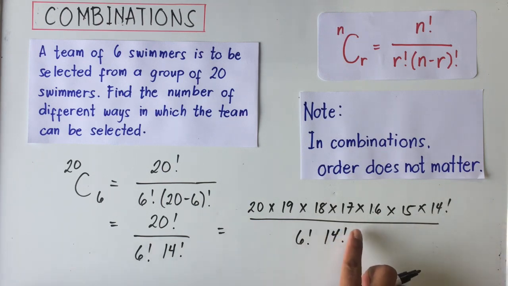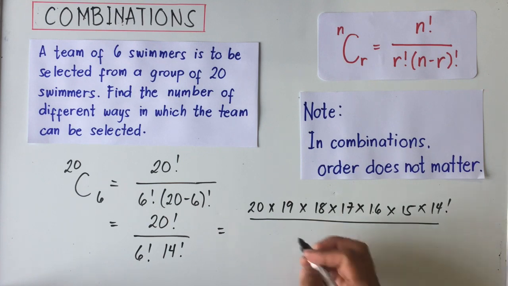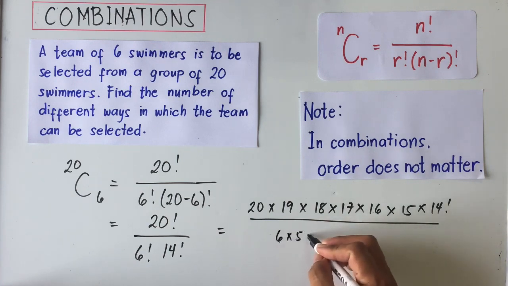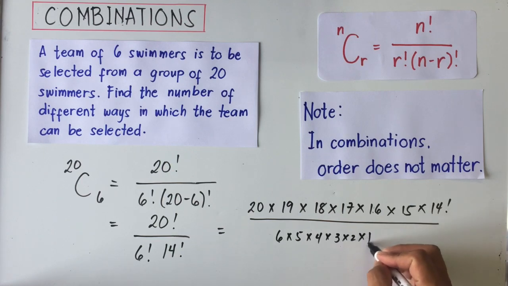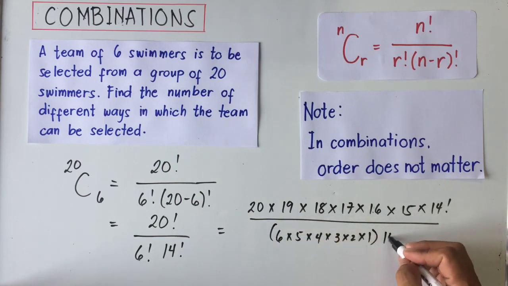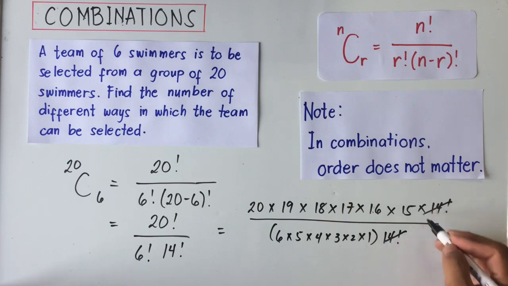I will expand 6 factorial immediately: 6 times 5 times 4 times 3 times 2 times 1. Then I'll put in 14 factorial and remove that 14 factorial over there.